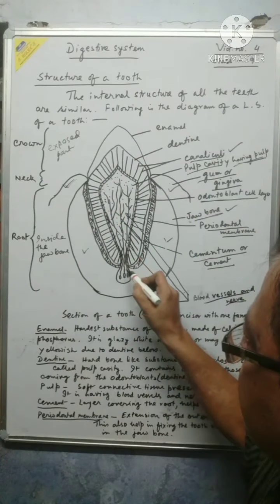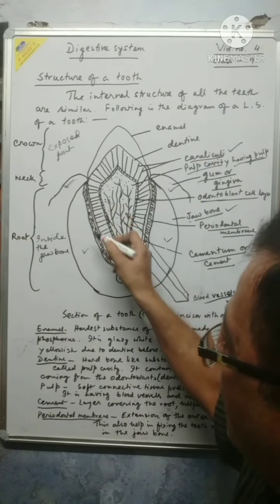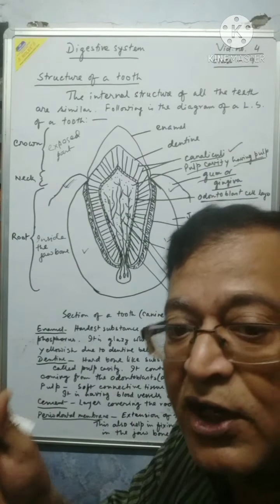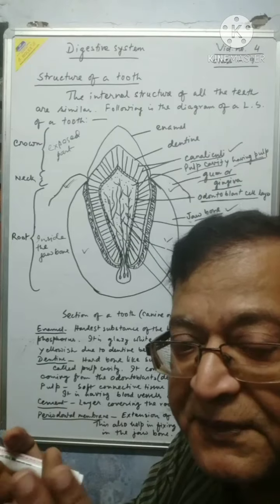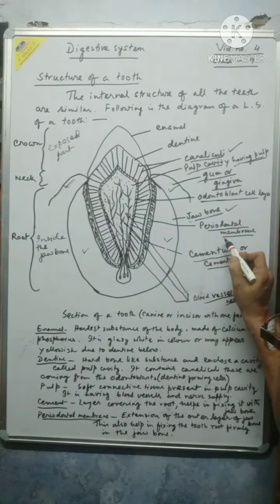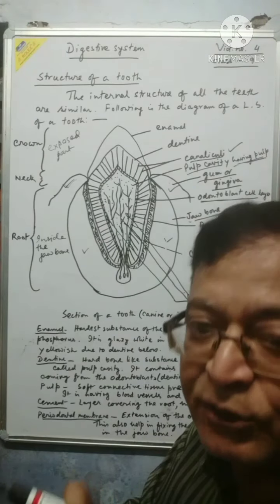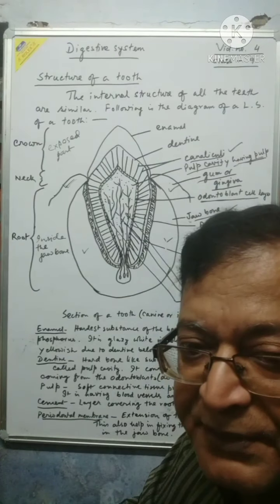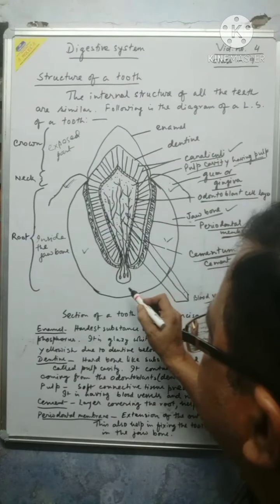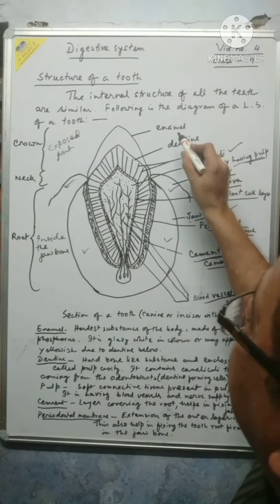This periodontal membrane is the membrane of the surface of the jawbone, which is also helping to grip the root of the teeth firmly with the jawbone. So both this periodontal membrane and cementum help the root of the tooth to become fixed hard with the jawbone. And these are the structures which are visible over here, along with their functions.